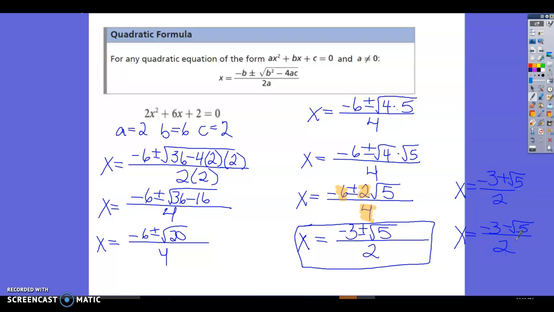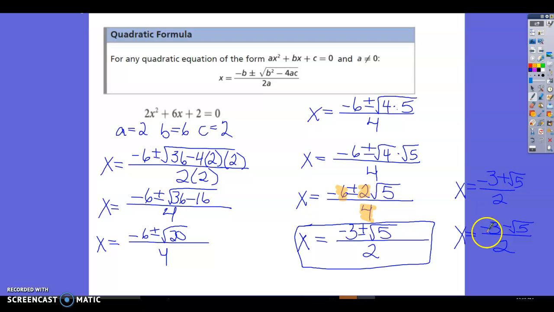So in the other example from the task, when these were just whole numbers instead of square roots, then we could simplify further and just get x equals 2 or negative 3 or whatever. But in this case, because this is an irrational number, we leave it like this.